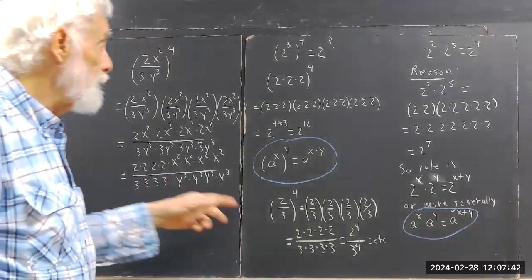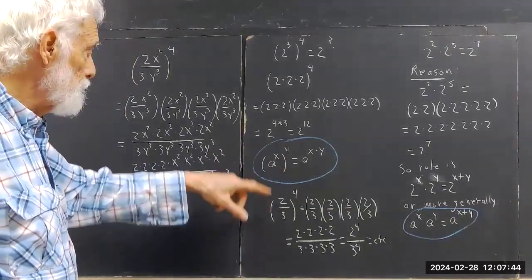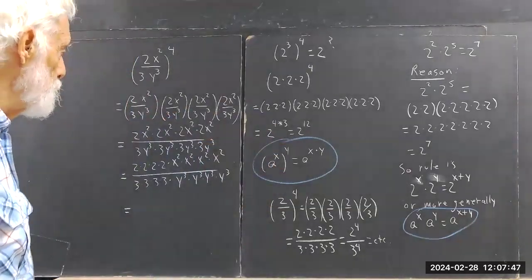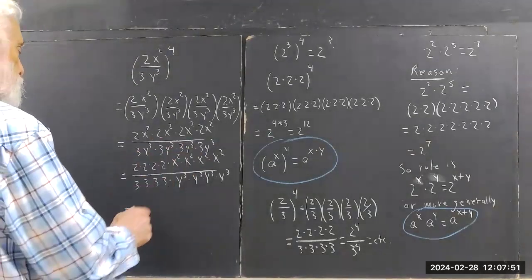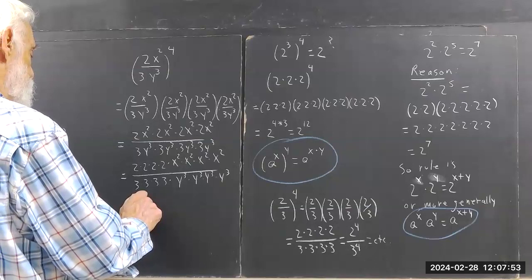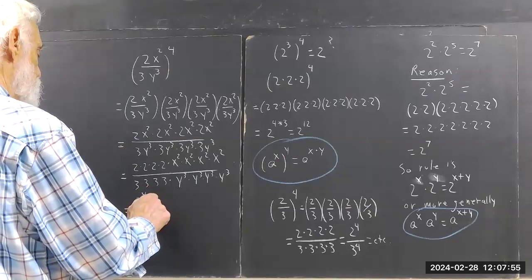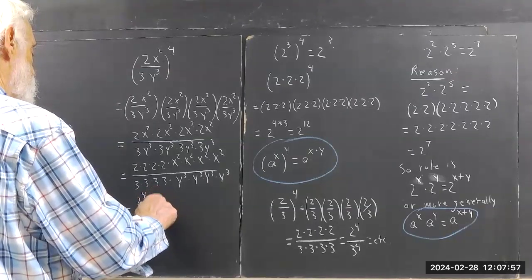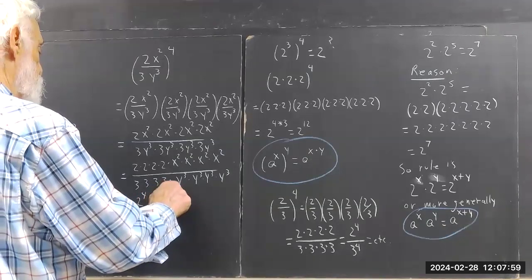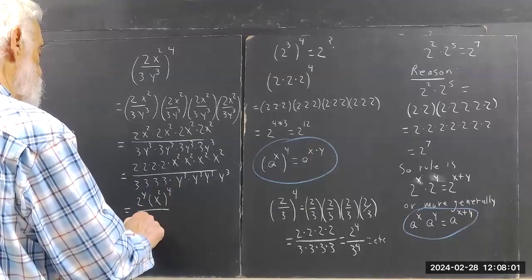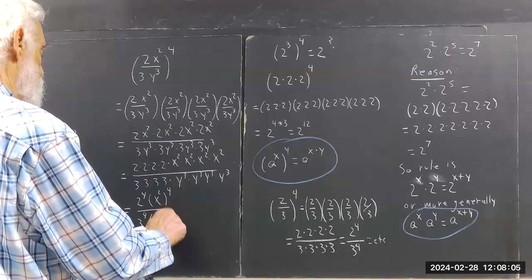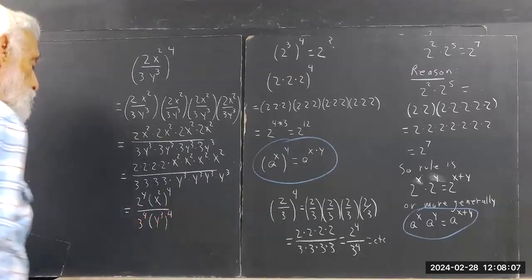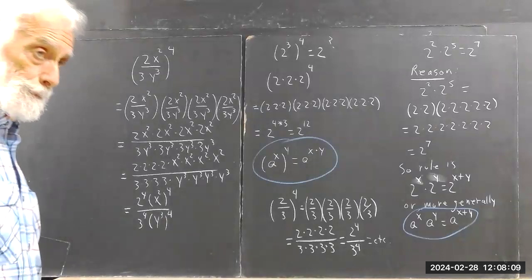But since we've already got the rule for what happens when we do a power of a power, I can write this more compactly as 2 to the 4th times x squared to the 4th, divided by 3 to the 4th times y cubed to the 4th.